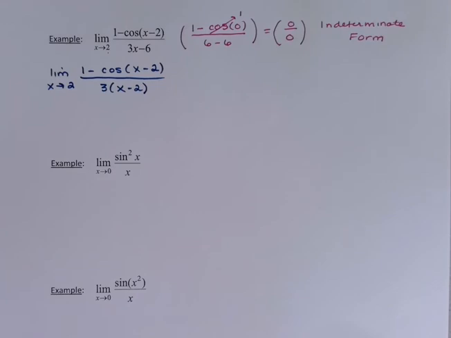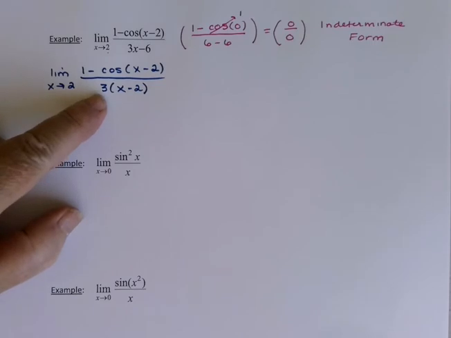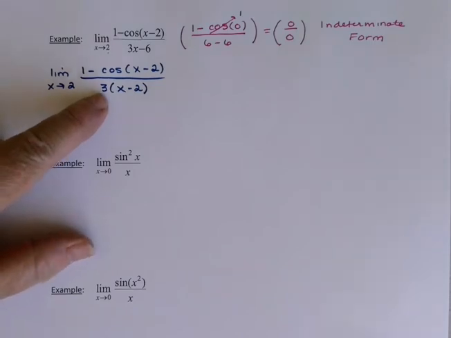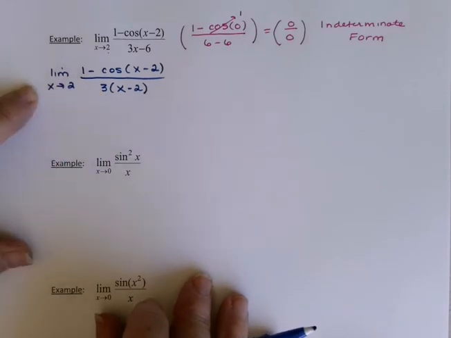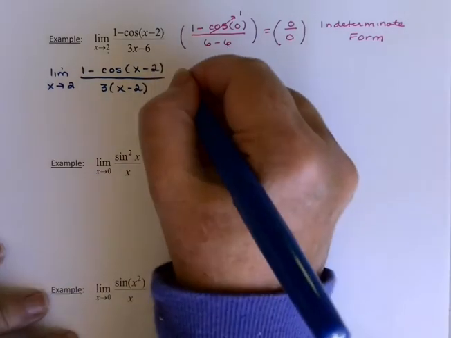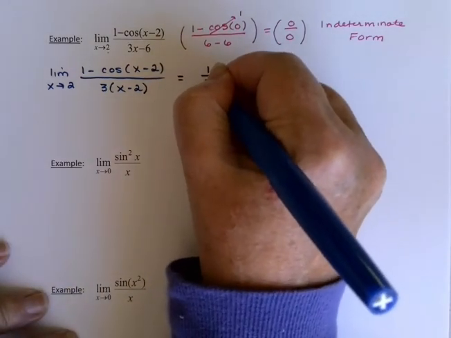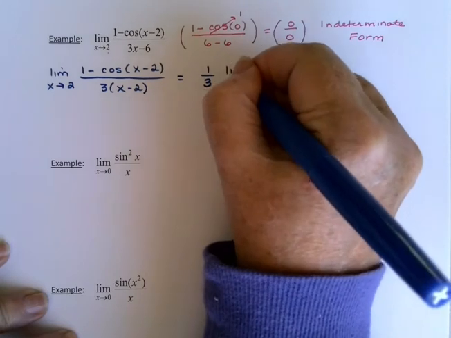Looking at that, the 3 in the denominator isn't really bothering me. That's just a constant multiplier of 3, or overall a constant multiplier of 1/3. And I could pull that out in front. Constant multipliers? Okay to bring those out in front of the limit.